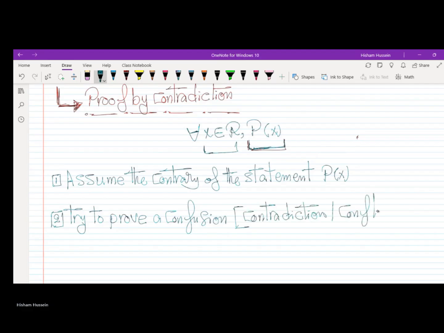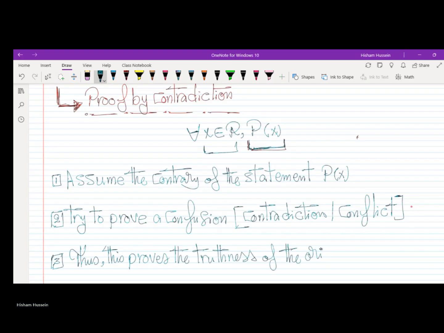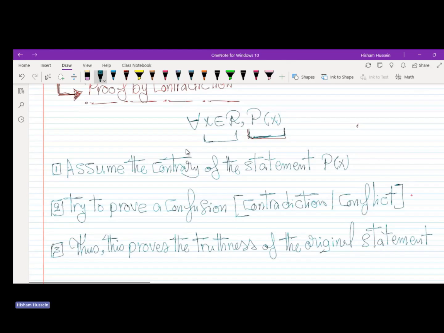As I reach this point of the conflict or the contradiction, this proves the truth of the original statement. What's the meaning of the original statement? The statement without the contrary, the statement before the contrary.